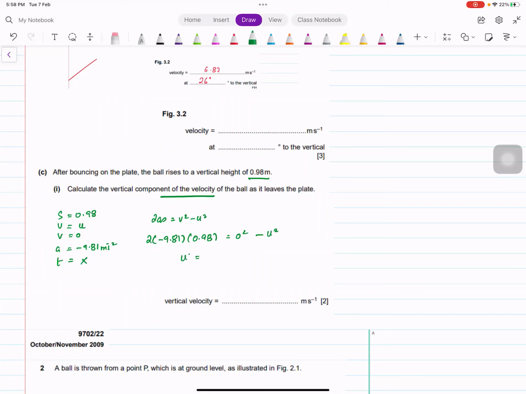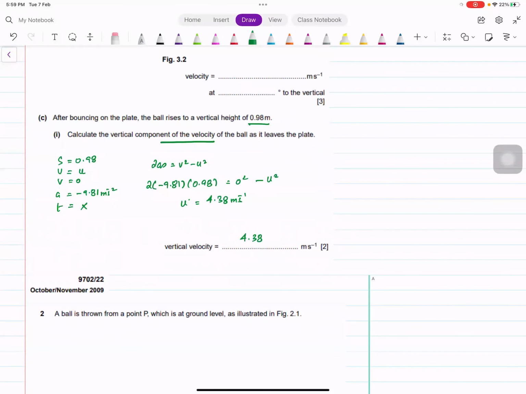Can you find it, please? 4.38. Okay, that's our answer then.